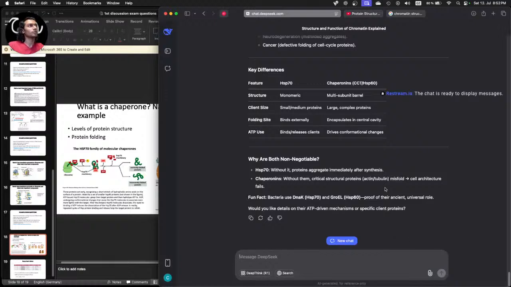Multi-subunit barrel. Small, medium-sized proteins, large, complex proteins. Folding sides, binds externally, encapsulates in central cavity. Binds, releases. So all these are happening in the cell's cytoplasm.